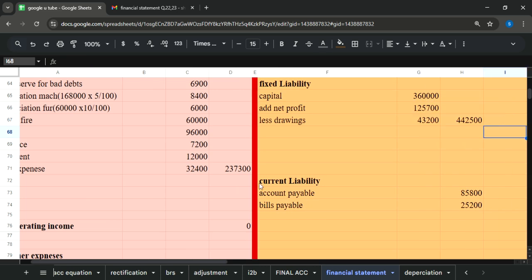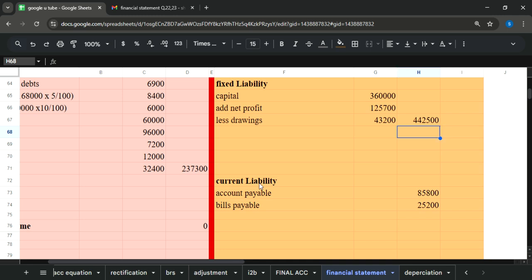Okay, and there are two current liabilities present over here. There are no other fixed liabilities. It means the sum of fixed liability is over here. There are two current liabilities. You will take their sum.